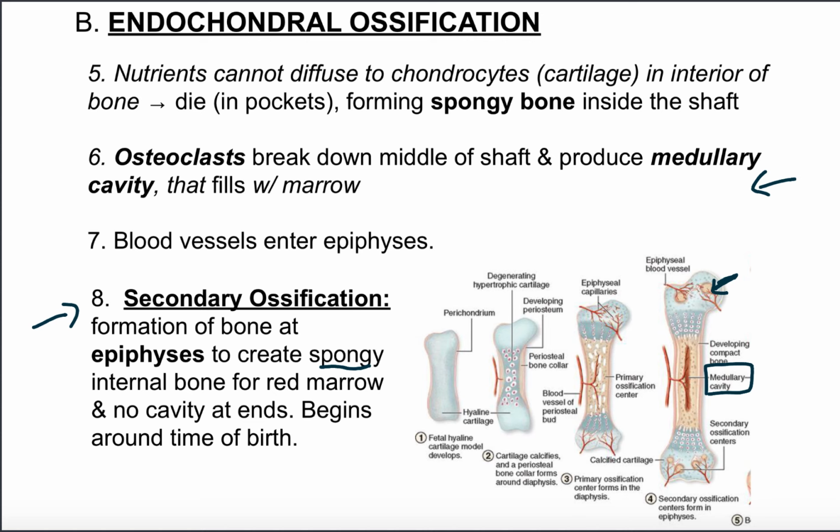All right? And blood vessels are starting to penetrate. It's creeping into the spongy bone hollows into the inside of the epiphysis region, and it's going to help start hardening and creating bony tissue on the inside of the epiphyseal area.